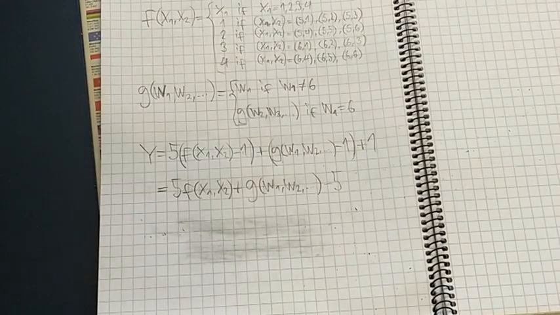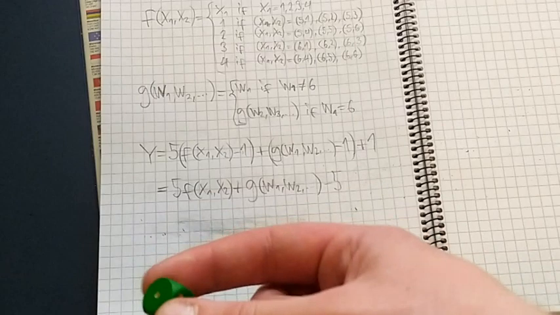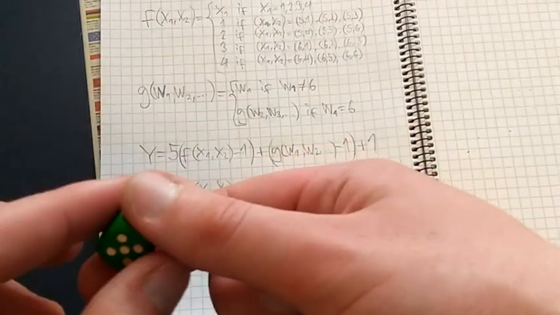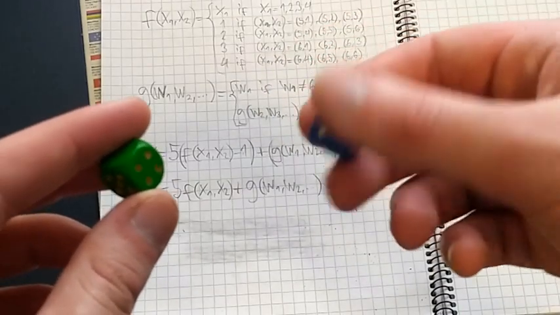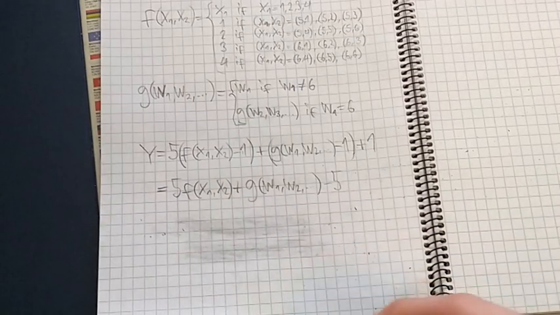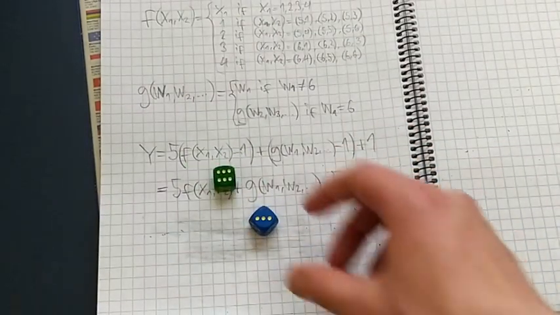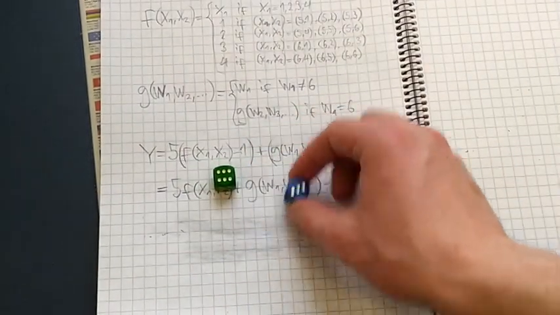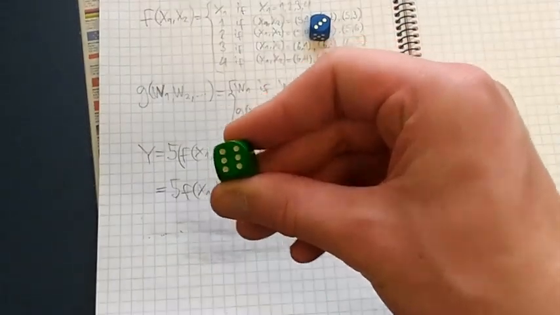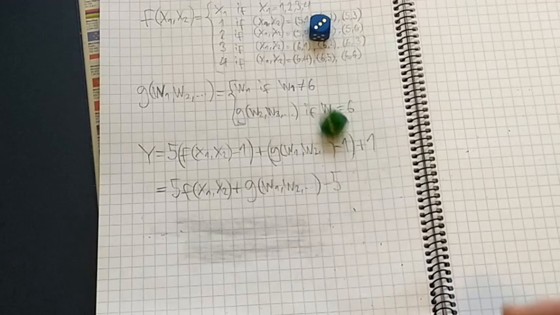So let's take some example rolls. Let the green one be the simulated d4, and the blue one the d5. So let's roll. The blue one is 3. That's fine, we don't have to throw it anymore, but the green is 6, we have to throw once more.